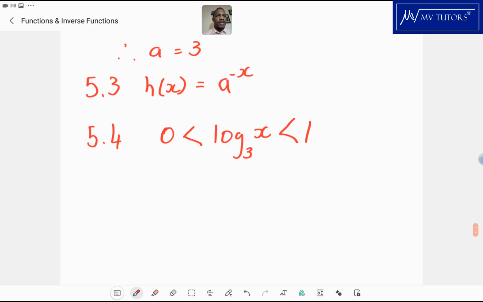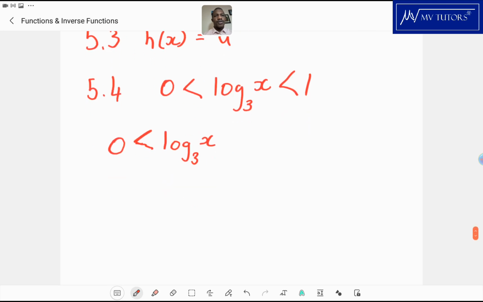We're going to take this first one, we're going to say 0 is less than log base 3 of x. So what we're going to do then is to make x the subject of the formula.